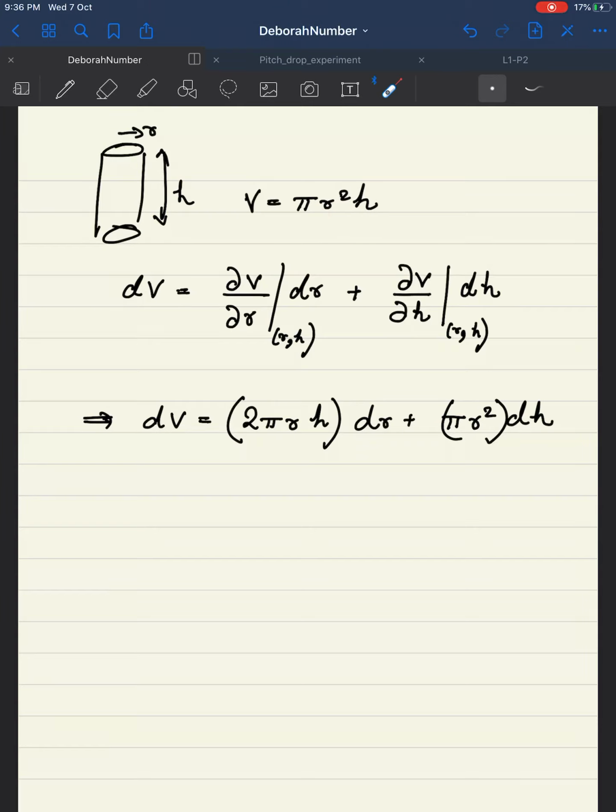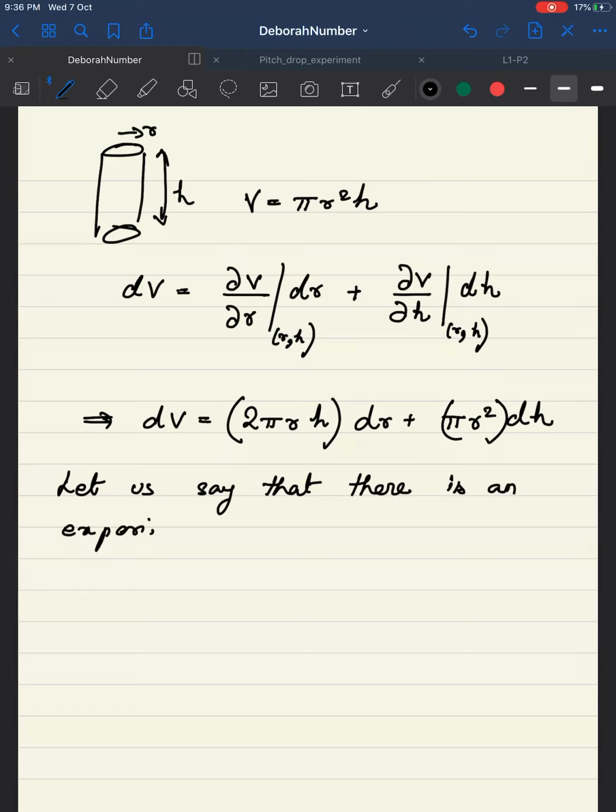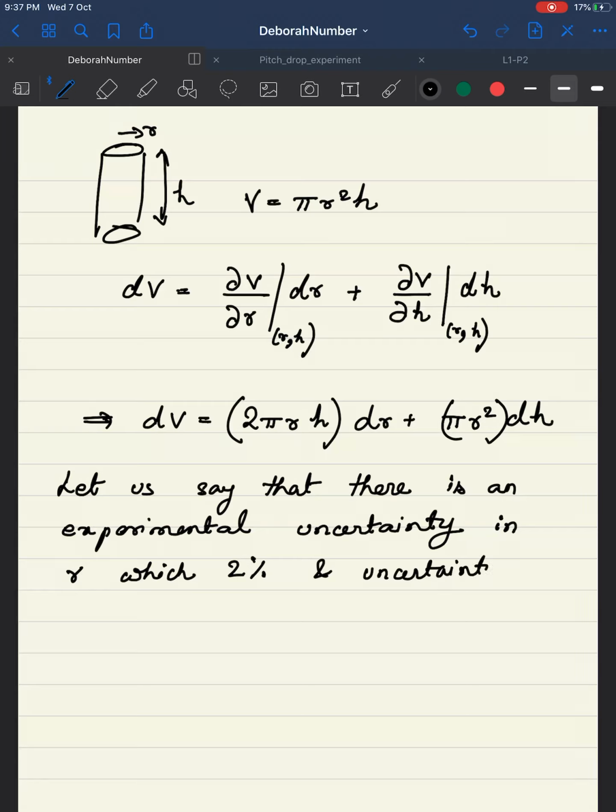So let us say that there is an experimental uncertainty in r which is 2% or less than that, and there is an experimental uncertainty in h which is less than or equal to 5%.